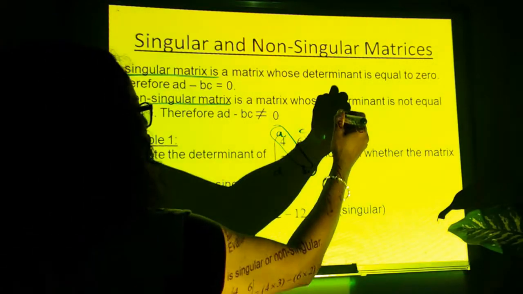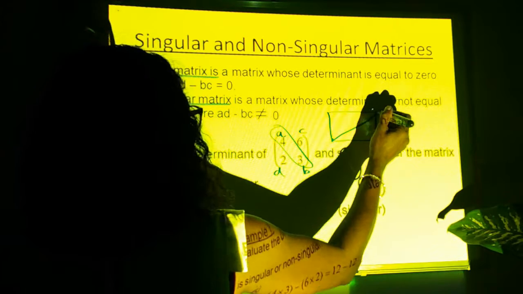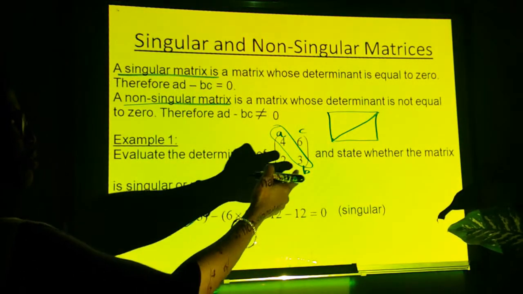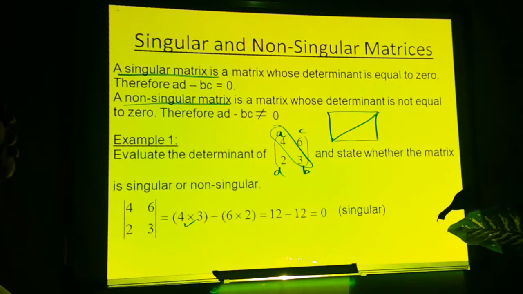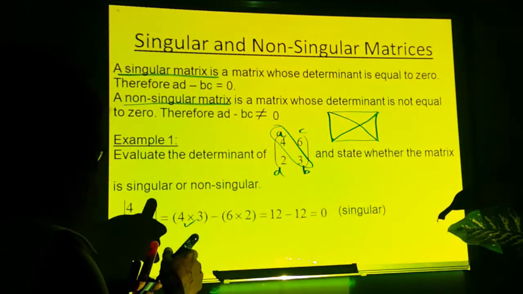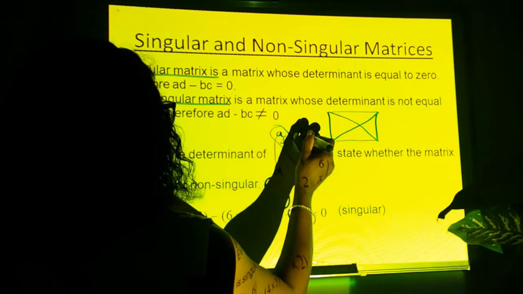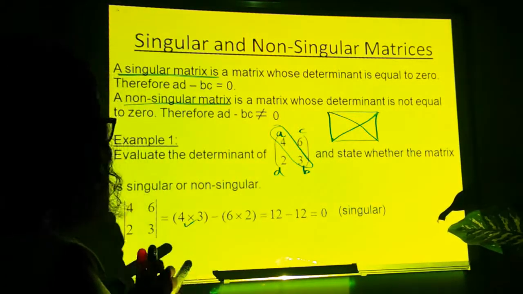And you know what a diagonal is? Let me just draw a rectangle. That's a diagonal. So if you notice how I draw the circle, it looks like a diagonal, doesn't it? And there's another diagonal here. So we're looking at two diagonals. Let me use the red.